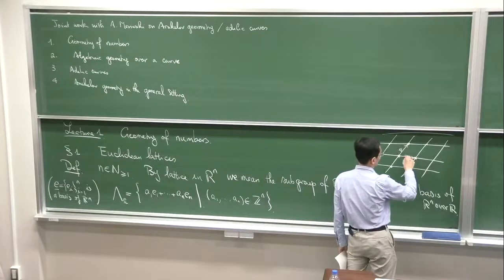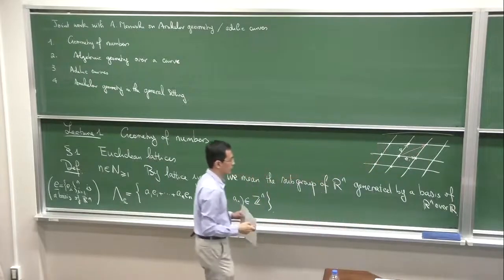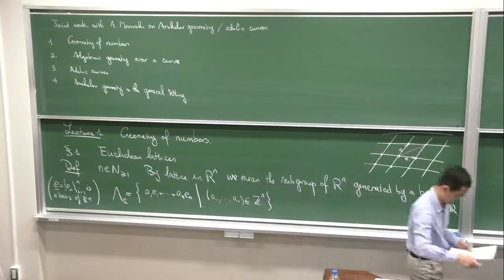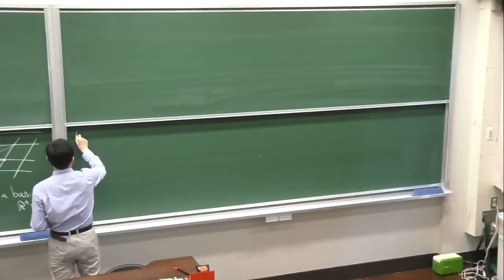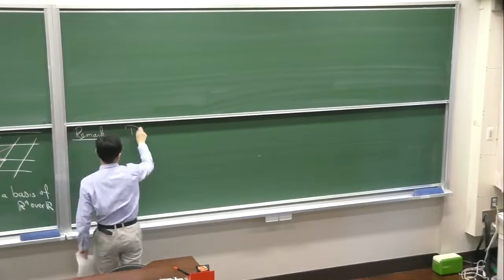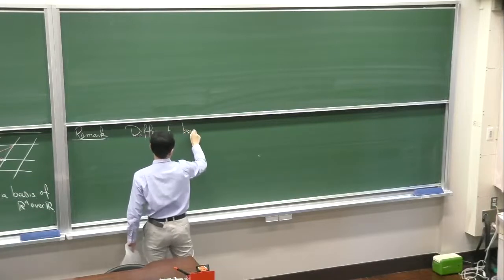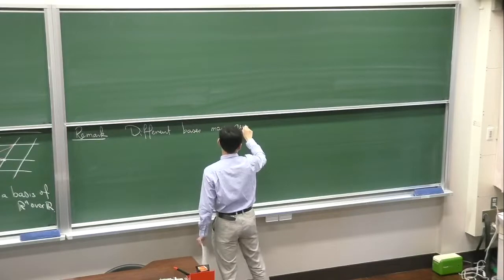For example, if you take e1 and another vector to form another basis, you essentially find the same lattice. So different bases may generate the same lattice.